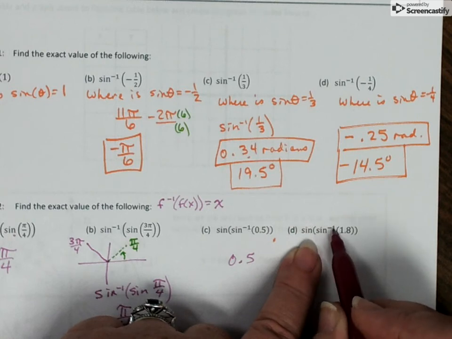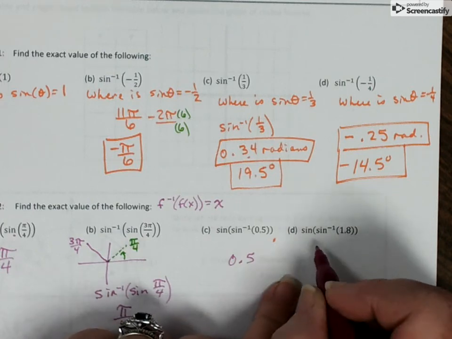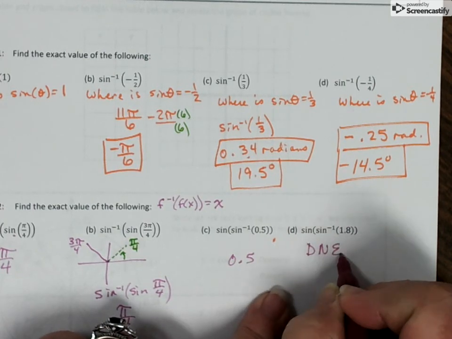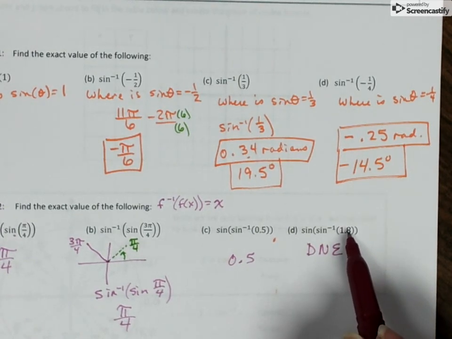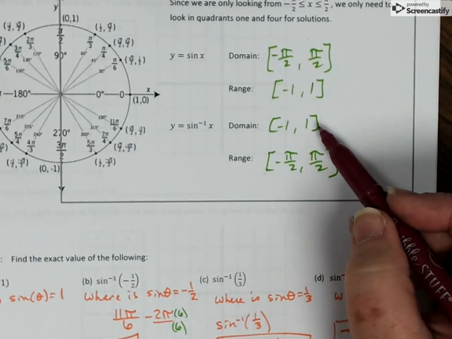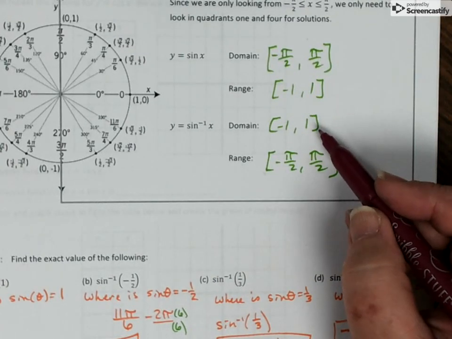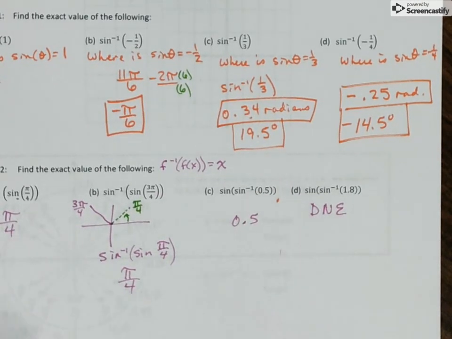I'm looking for the angle when I'm given the sine ratio, and that can't be changed. That means that this answer does not exist. Since this is outside of the domain negative 1 to 1, which is just a set of numbers, not angles, there are no reference angles, there are no coterminal angles we can look for, that answer does not exist.